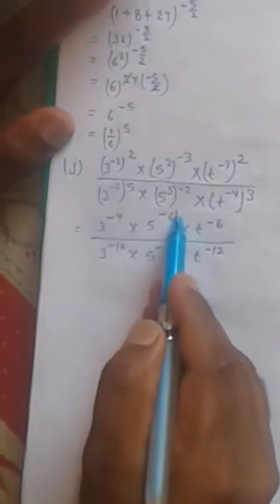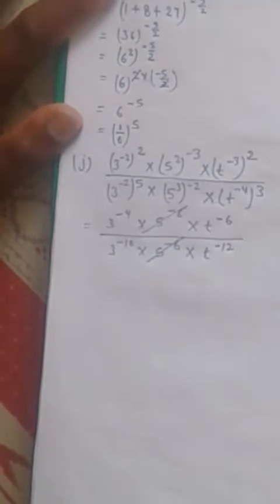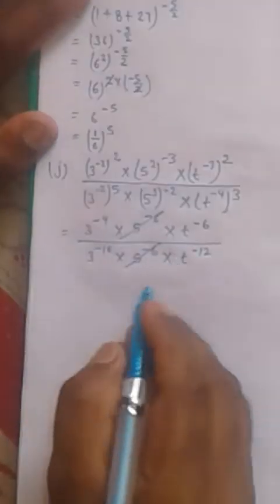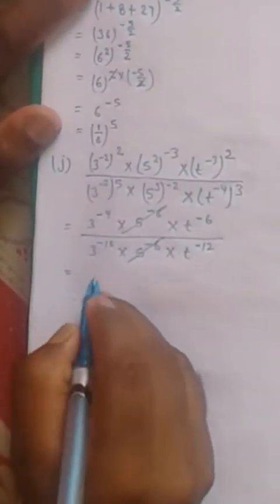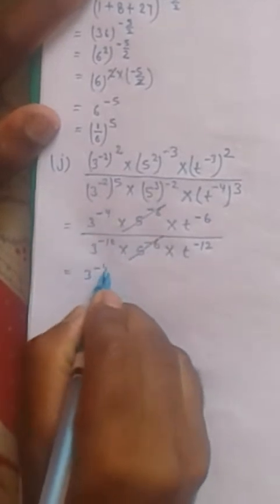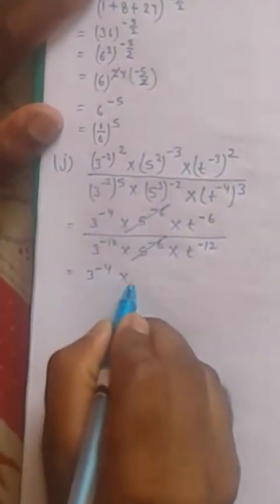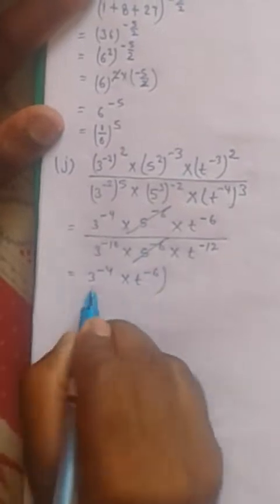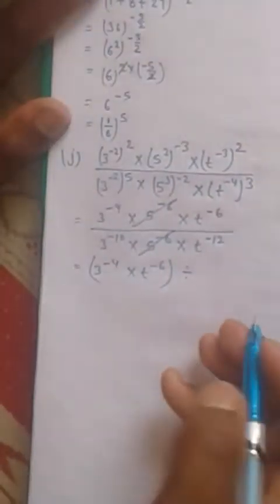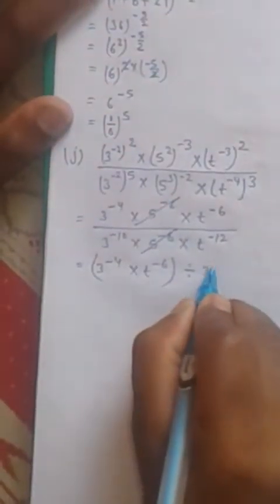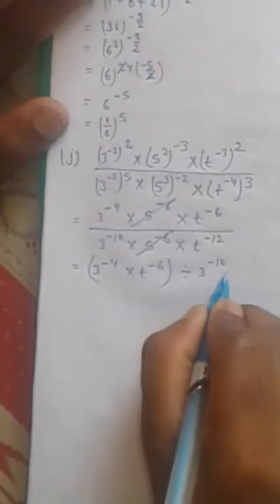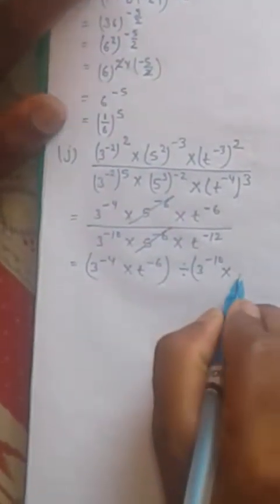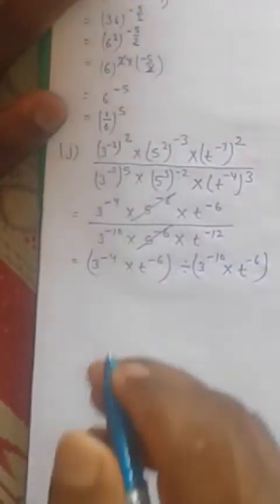This 5 to the power minus 6 and 5 to the power minus 6 will cross out directly. Now what do we have? We can write it as 3 to the power minus 4 into t to the power minus 6, divided by 3 to the power minus 10 into t to the power minus 12.